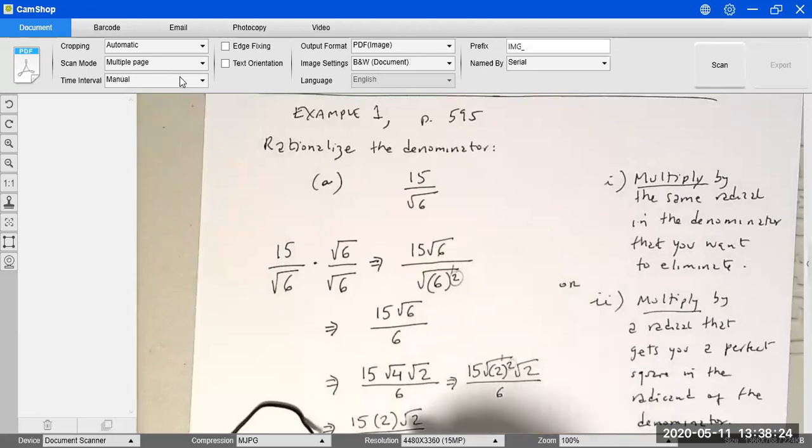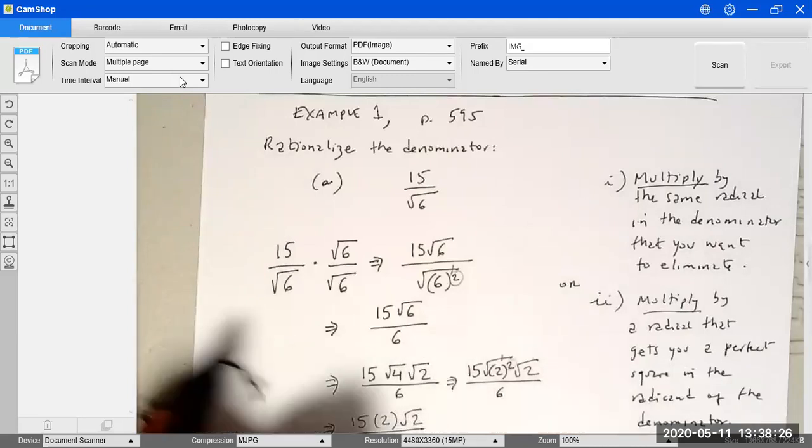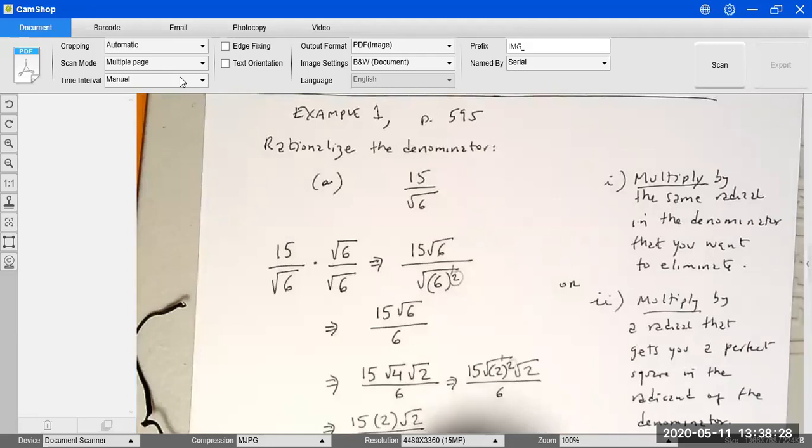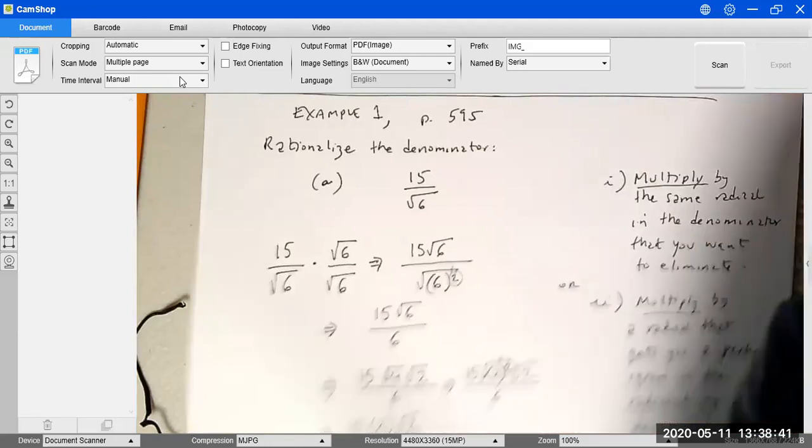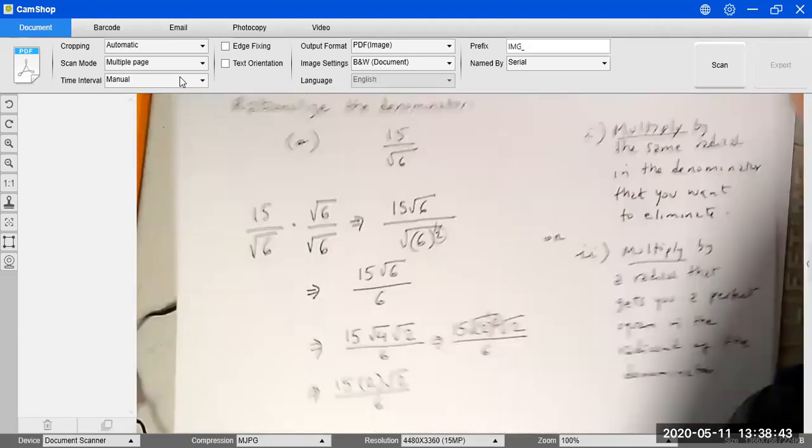Now the final step is simplifying the fraction here. So we have 15 times 2 over 6, and you can divide both the numerator and the denominator by 6.